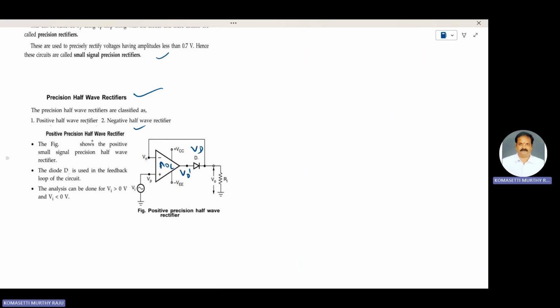First, the positive precision half wave rectifier. This is the positive precision half wave rectifier.